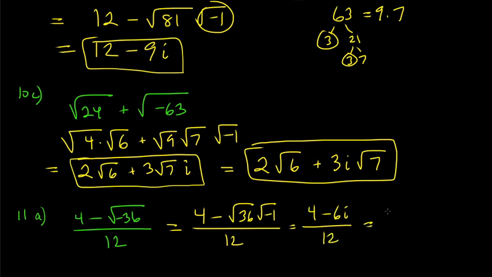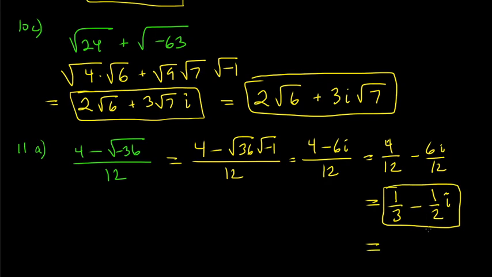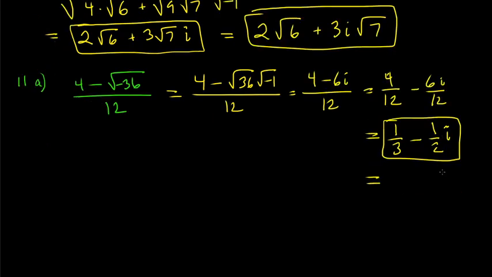But we can reduce that. We can factor out a 2. Well, all right. So why don't we do it this way? 4 over 12 minus 6i over 12. 4 over 12 is just 1 over 3. And 6 over 12 is 1 over 2. So 1/3 minus 1/2 i. Or if you insist on getting a common denominator, you could do that too.